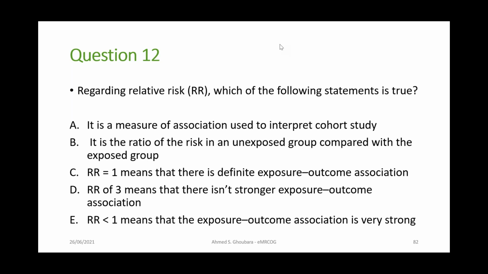Okay, so regarding relative risk, which of the following statements is true? I'll read them one by one because this is very important for you to understand. It's a measure of association used to interpret cohort study. Is it the ratio of the risk of the unexposed compared to the exposed, or is it that relative risk equals 1 means that there is definite exposure?